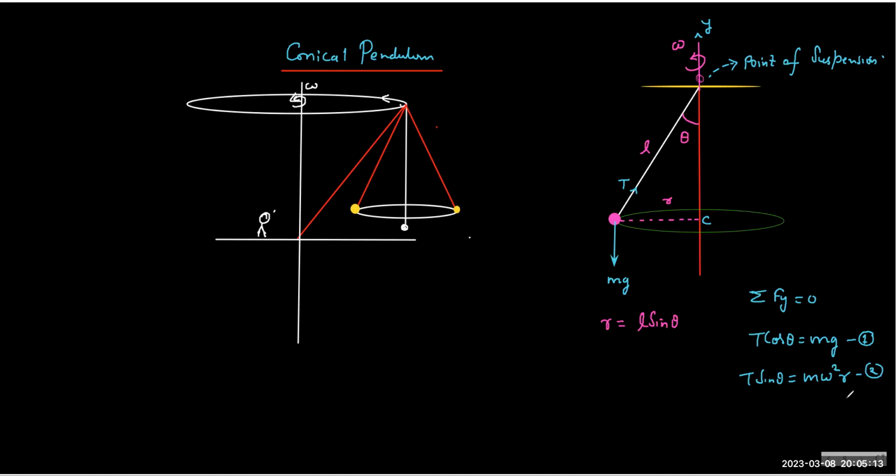So omega is under root g tan theta by R. Omega is under root of g tan theta by R, which is the root of g by L cos theta. Correct. So R we can replace by L sin theta, right? So this is the right answer, g by L cos theta.